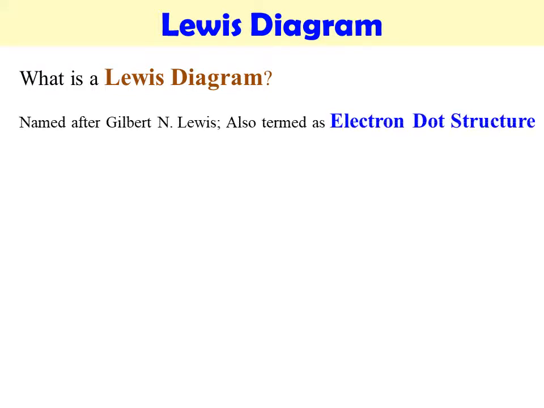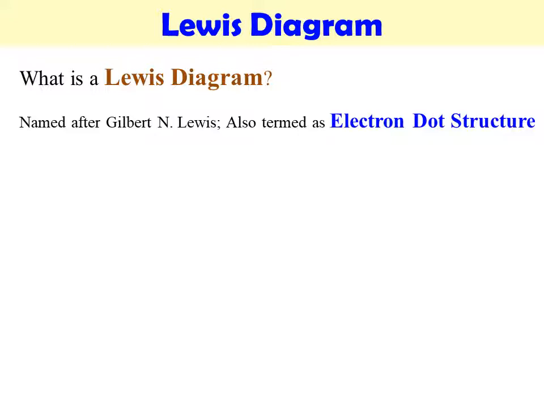What's the answer? It has been named after Gilbert and Lewis and is also termed the electron dot structure. As I said previously, it has been named after the person himself. So Gilbert Lewis discovered this probably around the 1920s.